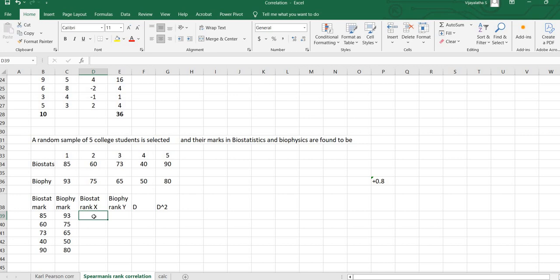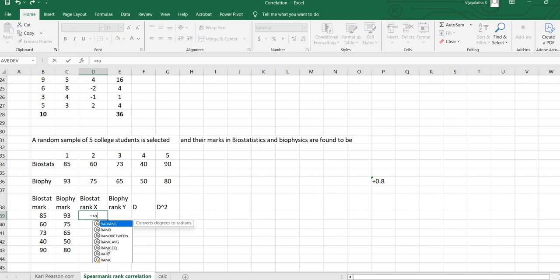For finding the rank, we can use the Insert Function option. So is equal to, and when I start typing rank, I have RANK.AVG and RANK.EQ. I have to choose RANK.AVG because if two values have the same rank, then it will give the average.